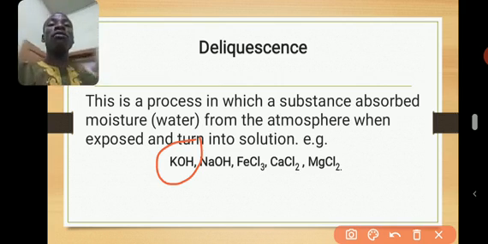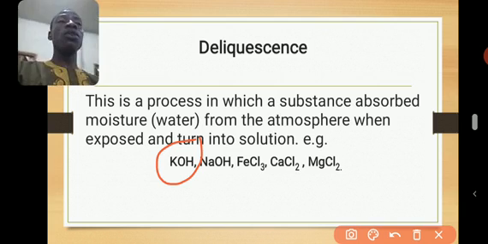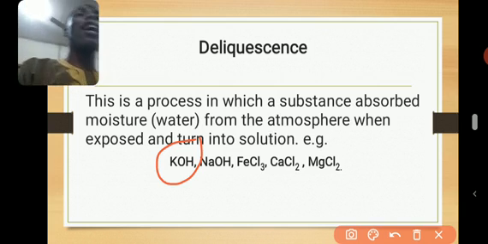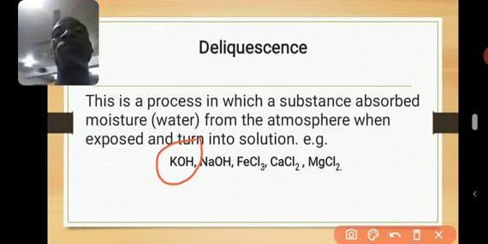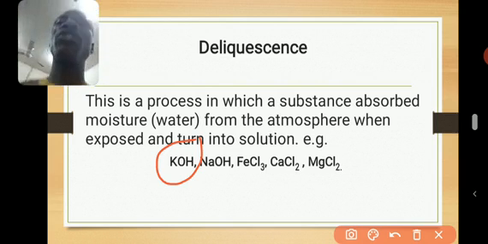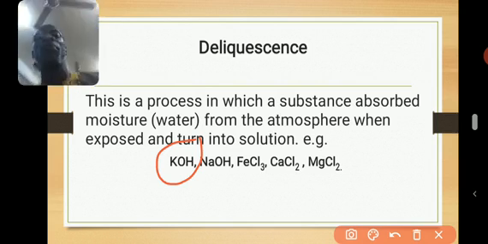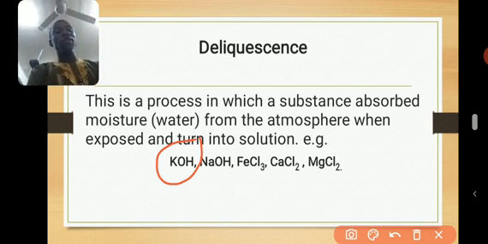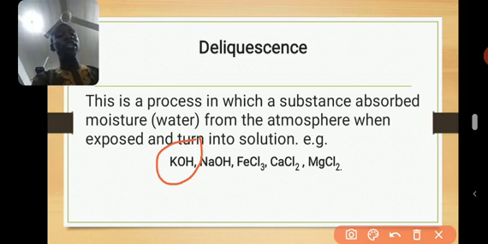It's not the one that is normally pressed, the tablet that is normally taken. That's how the pellet looks. So if you expose it to the atmosphere, it will turn to water. It will become watery. It will dissolve in the solution. That is deliquescence. So KOH is a deliquescent compound.